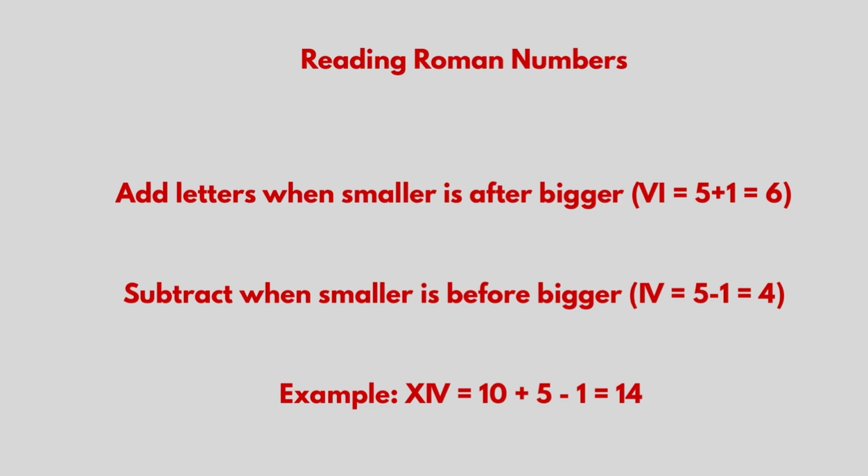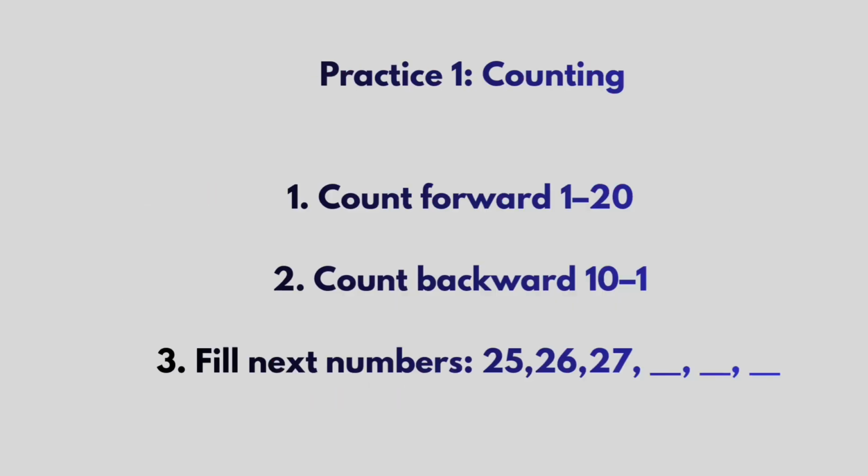So this is the symbol of 4. For example, again 14. How to write 14? 10 is cross X, and for 4 how will we write? 5 minus 1. That will give us 4. So for 10 we use cross X, and for 4 we use 5 minus 1.